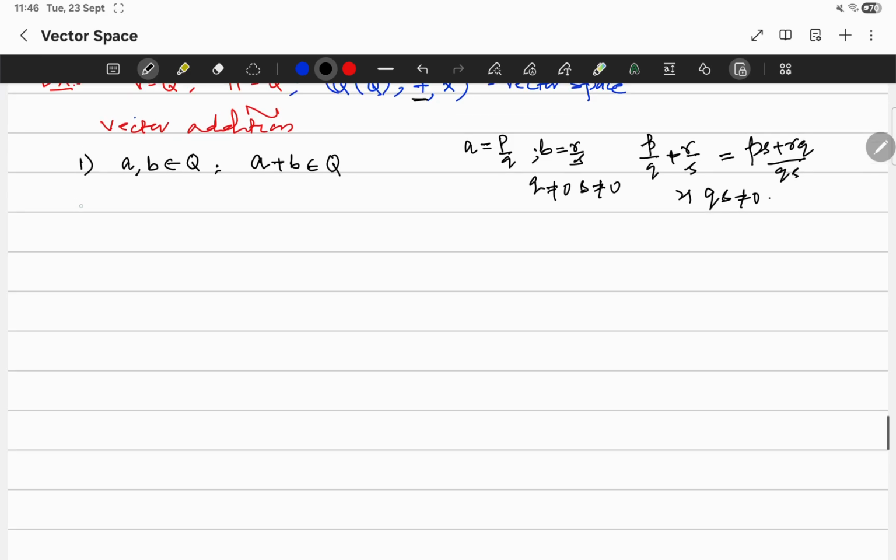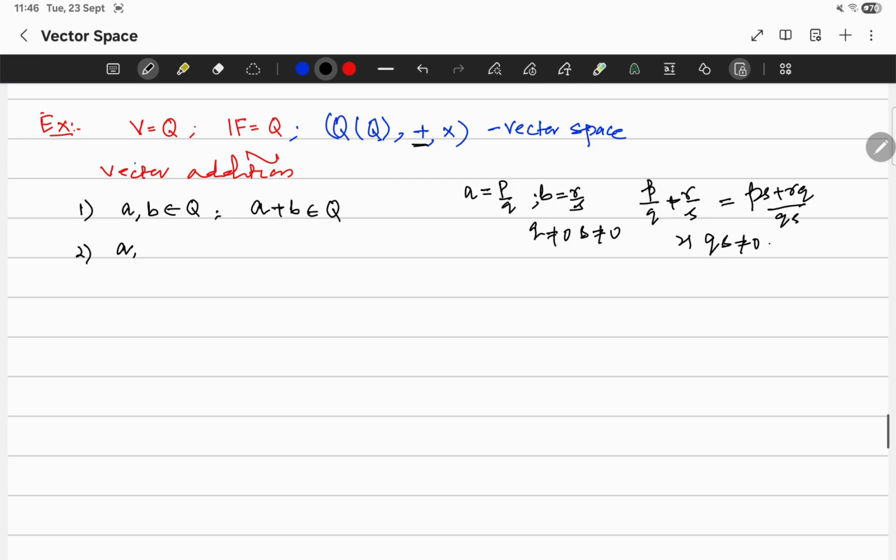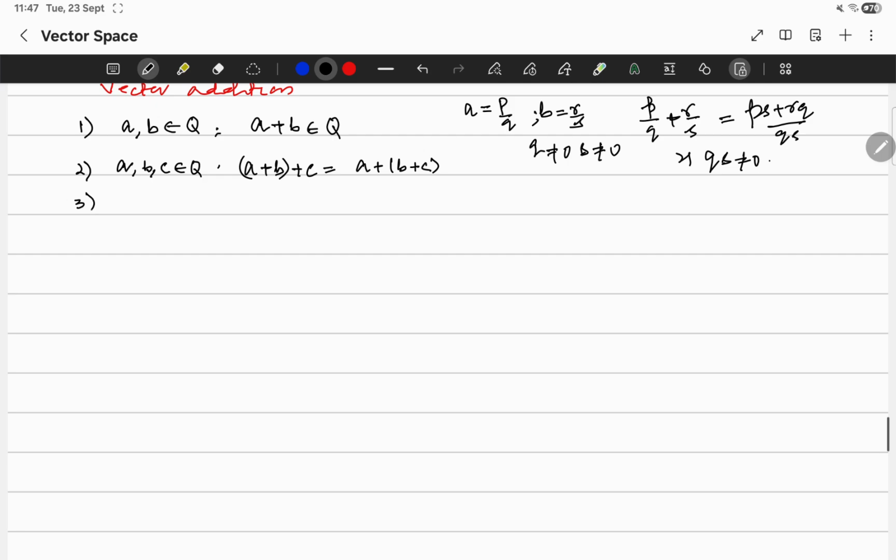Now the second property: since Q is a field, it will be abelian with respect to the addition. So if a, b and c are three rational numbers, then (a plus b) plus c is equal to a plus (b plus c). That's associative. Following this, we have the third property.